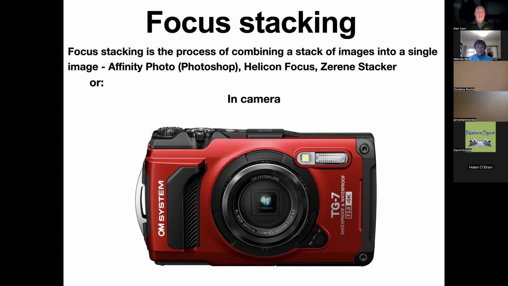So if your subject is running around, or if you're out of doors trying to take a photograph of a flower and the wind is blowing, it's not going to work. This is only going to work if things are absolutely still. Limitations, but it does produce images that you could not otherwise produce, and we couldn't produce when we used to use film because it wasn't possible to recombine images in this way.